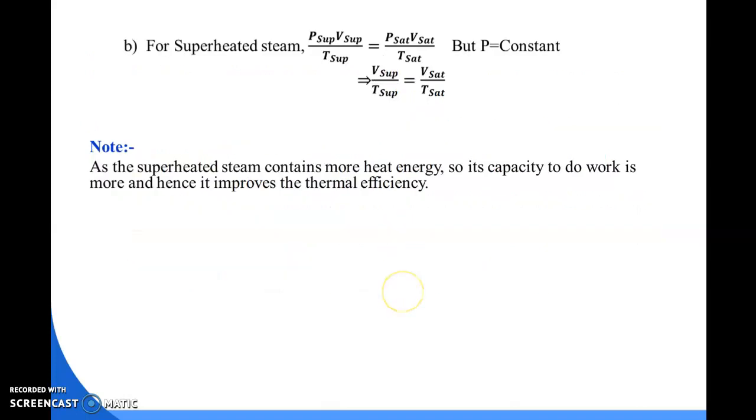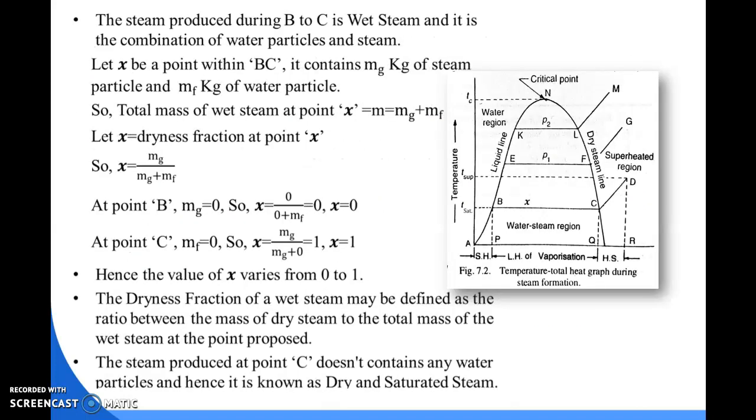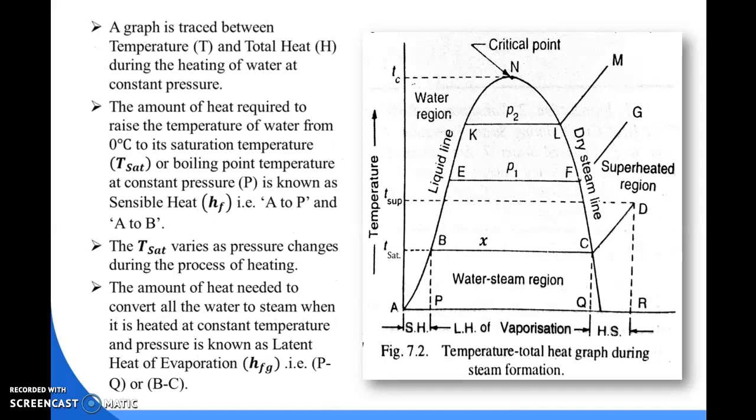Now, let us see the TS diagram again. Here you see the steam is heated from 0 degree centigrade to point D. The path is A, B, C, D. During the heating procedure, the pressure remains constant.